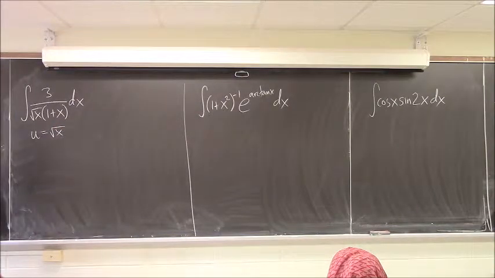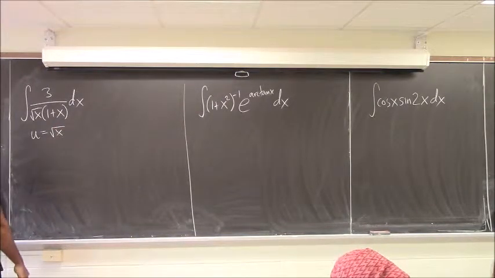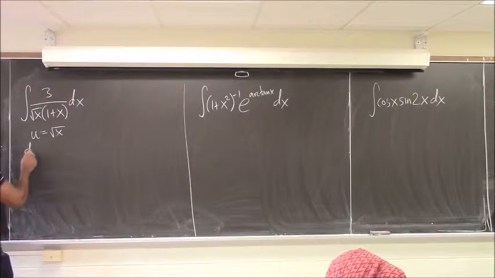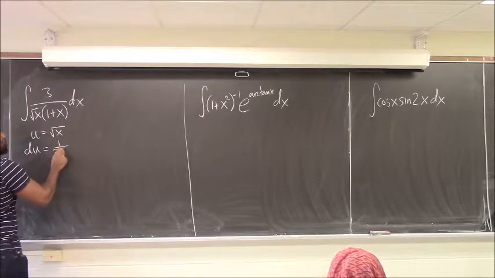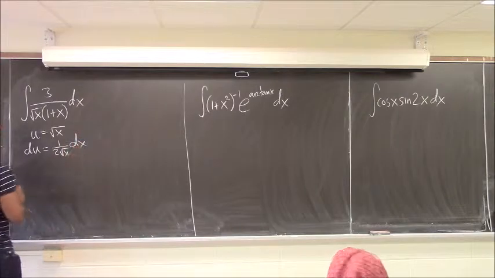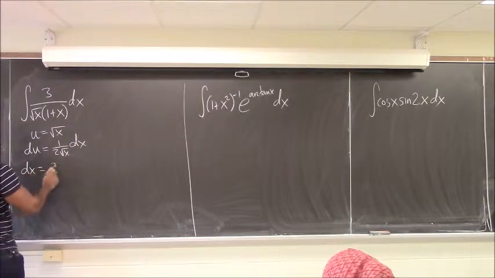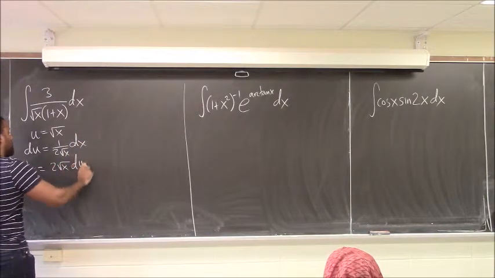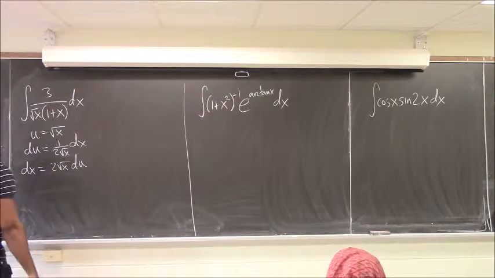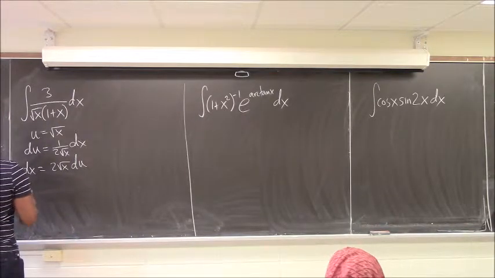That substitution will actually work here, believe it or not. You do du, be 1 over 2 radical x dx. So your dx would be 2 radical x du. Go over here.